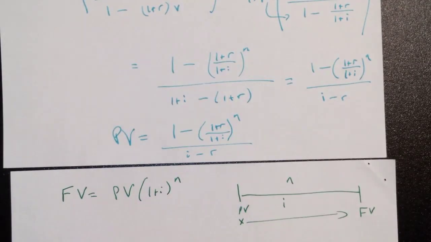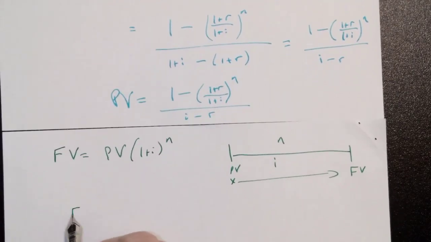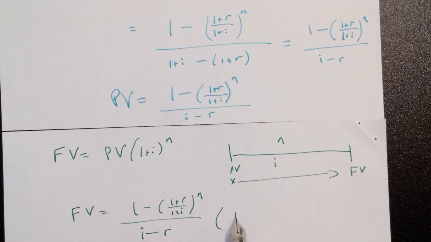Which means for this sort of geometric annuity, I can say the future value is 1 minus (1 plus r over 1 plus I) to the n, over I minus r, times (1 plus I) to the n.